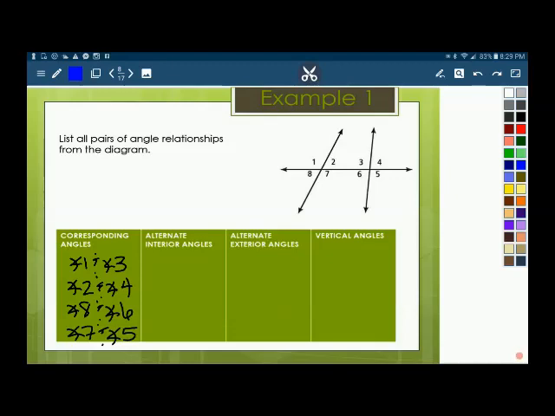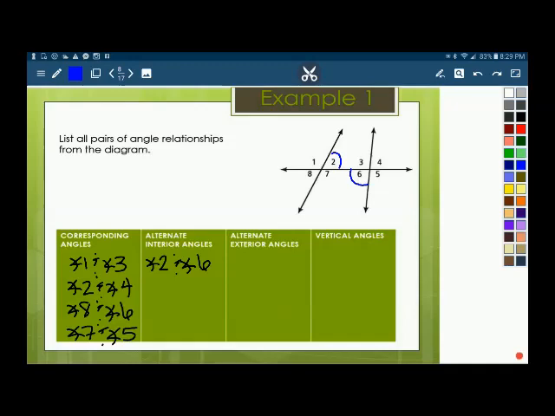So if I focus my eyes on angle 2, that is above the transversal. So I want to go below the transversal and be on the opposite side of the transversal and on the opposite intersection point, which is angle 6. So angle 2 and angle 6 are alternate interior.